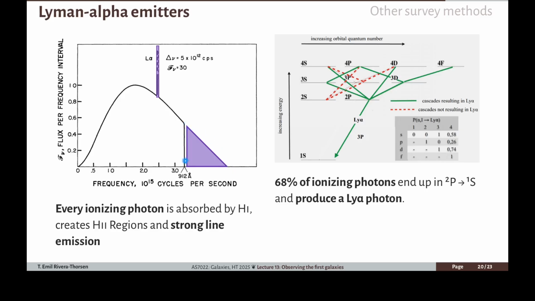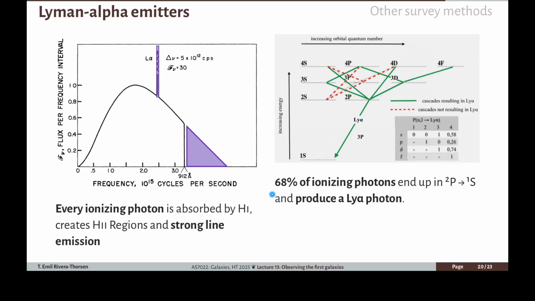That means that about 2/3 of all the energy inside this area here, this integrated range of the spectrum, ends up in this one very, very narrow and often very, very bright emission line at 1216 angstroms, called the Lyman alpha line.